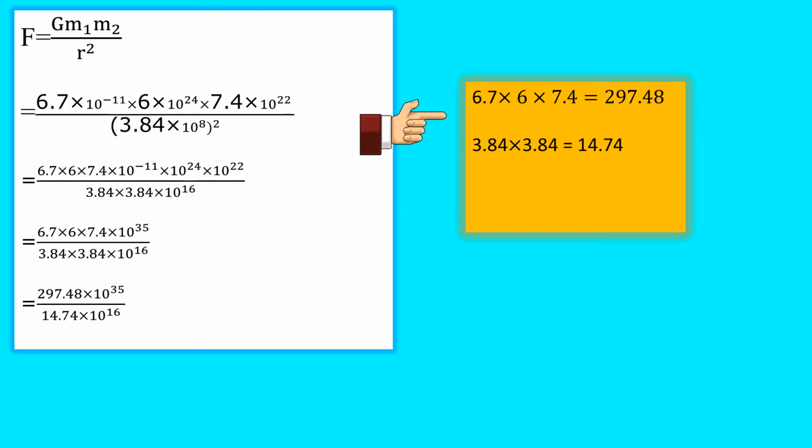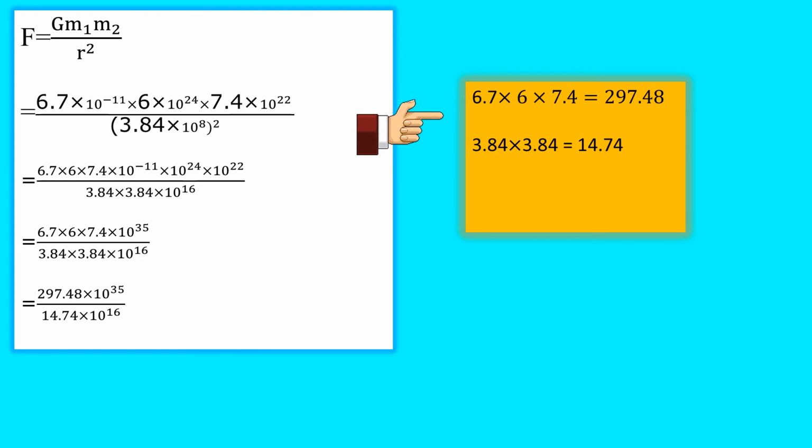So it will be 6.7 into 6 into 7.4 into 10 raised to minus 11 into 10 raised to 24 into 10 raised to 22 upon 3.84 into 3.84 into 10 raised to 16. So that is equal to 6.7 into 6 into 7.4 into, now this 10 raised to 24 plus 22 will be 10 raised to 46, and minus 11 means it will be 10 raised to 35, upon 3.84 into 3.84 into 10 raised to 16 as it is.